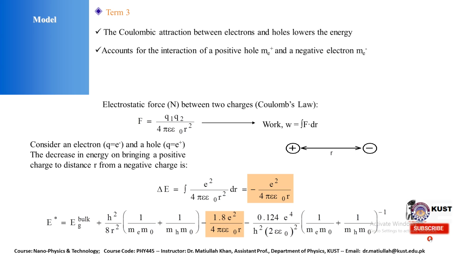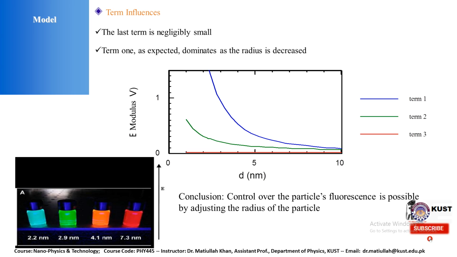The decrease in energy on bringing a positive charge to distance r from a negative charge is given by this equation, where the energy is the integral of e squared divided by 4 pi epsilon naught r squared dr, which can be further modified into this form. This is the third term in the equation that describes the Coulomb interaction between the two created charges, electrons and holes.